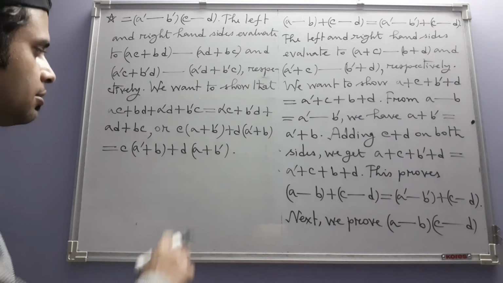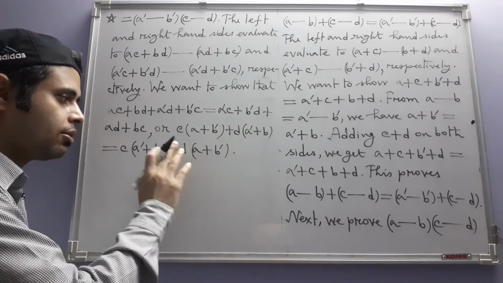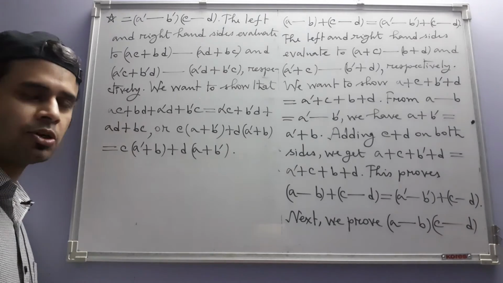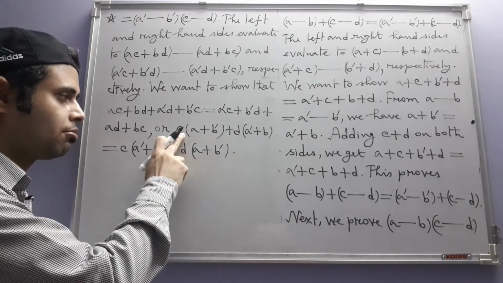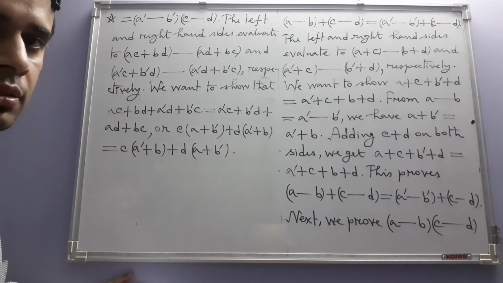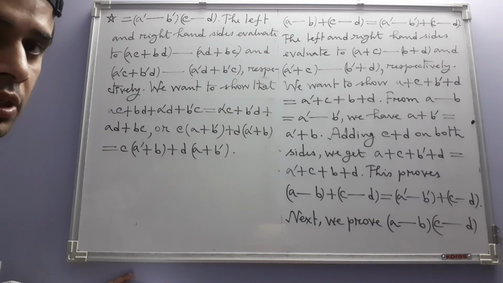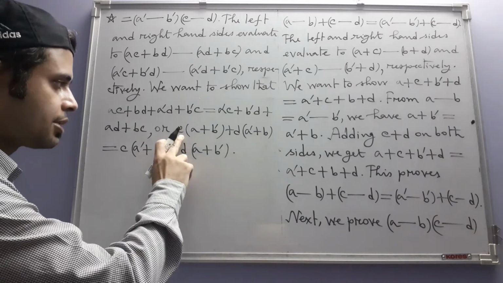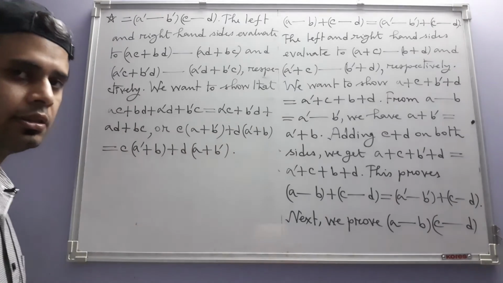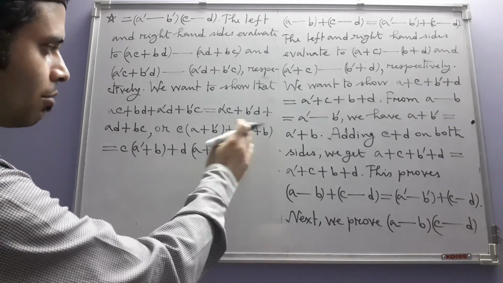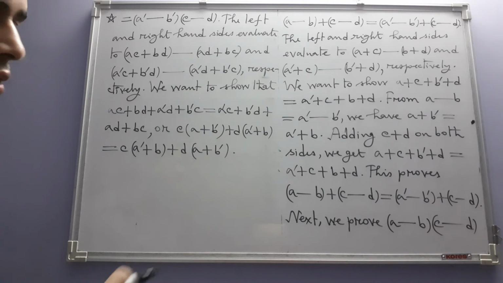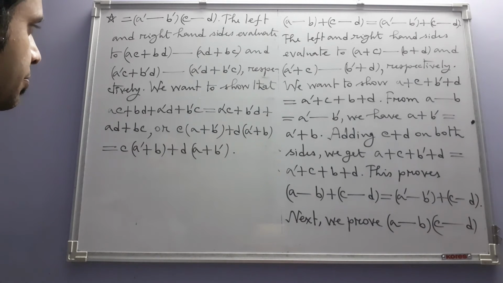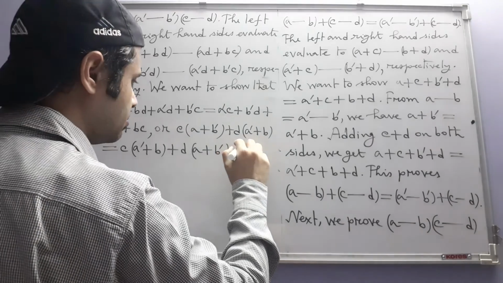That is because these are ordinary operations in the system of natural numbers, where we know that the operations are commutative, and we also have the distributive law that allows us to write the things like this, that allows us to take common terms outside and write it as a product like this.